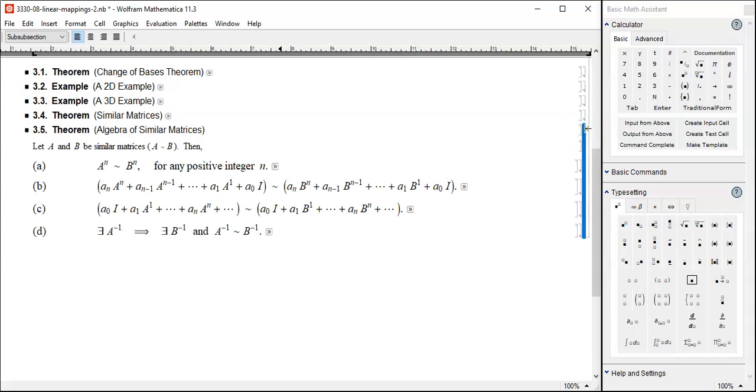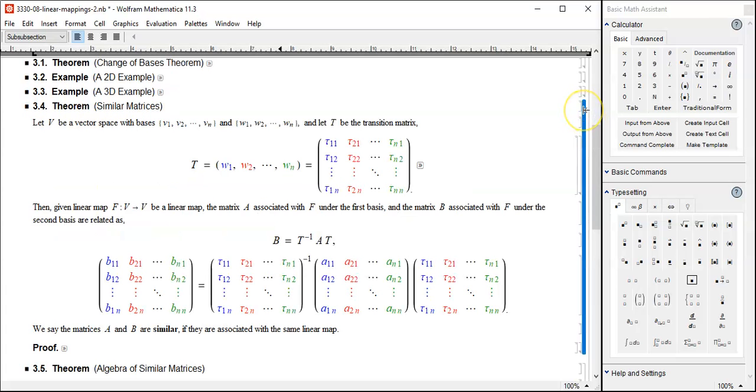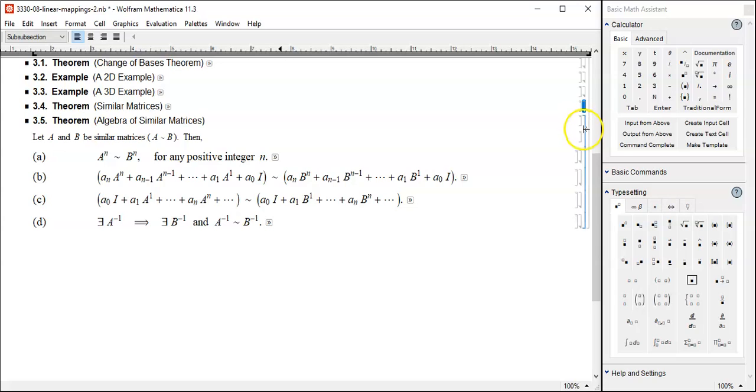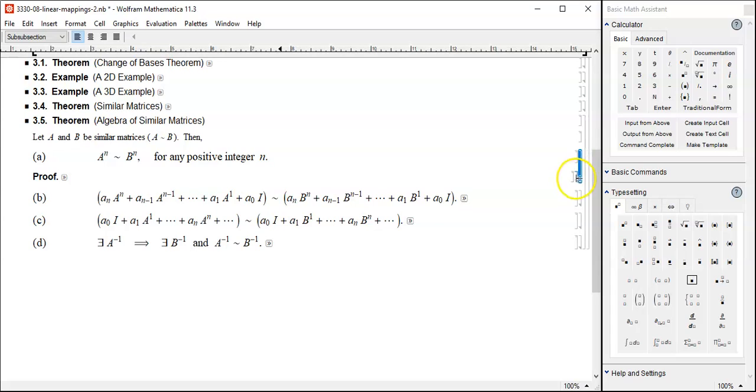And then there are some algebra of similar matrices. Okay, algebra of similar matrices. If A and B are similar, then A to the nth power and B to the nth power are also similar, and it's not too difficult to prove.